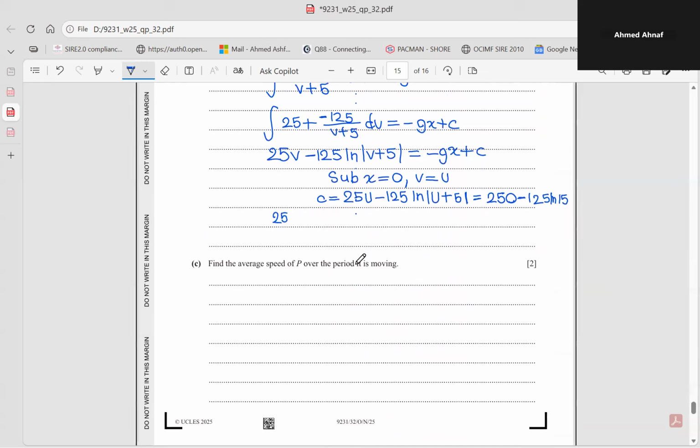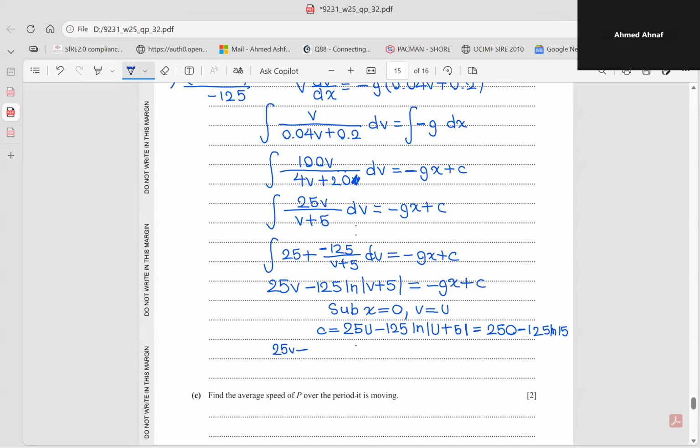So therefore we have 25v minus, okay, as I was saying, we can finally solve. There's a bit of trouble going on, I don't know, this glitch.